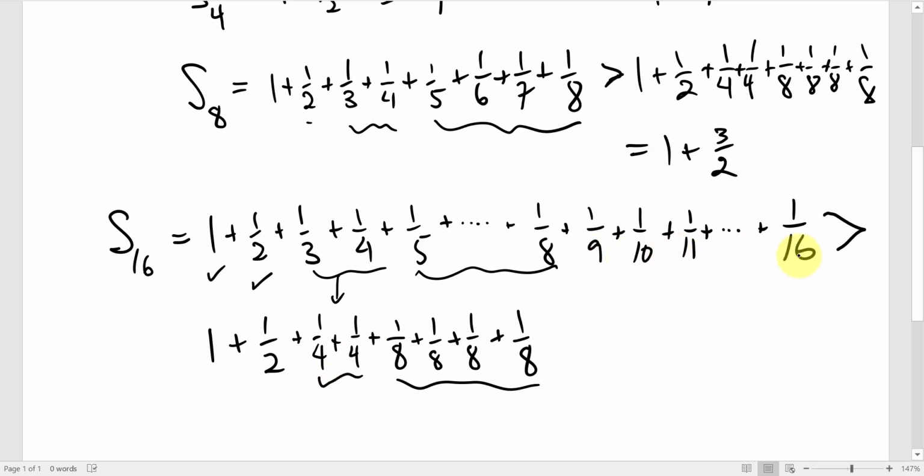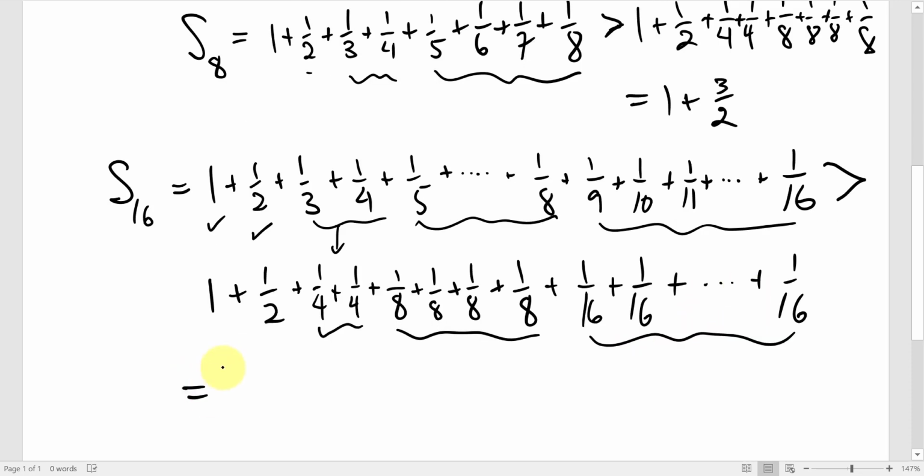And then for 9 through 16, how many terms is that? It should be 8. Yes, the difference between 16 and 9 is actually 7, but I'm counting both beginning and ending, so there are actually 8 terms there, and I'm going to change them all to 1/16, because that's less than the sum of all these. And how many will I have? 8 of them.